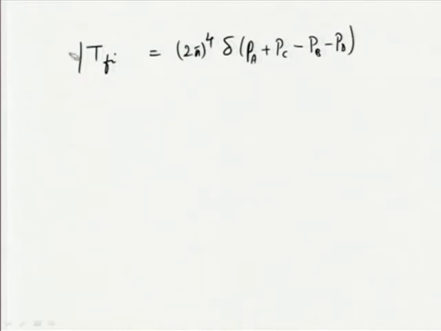So, let me first consider T_FI itself is equal to this into whatever is the normalization constant N_A, N_B, N_C, N_D, and the invariant amplitude M.